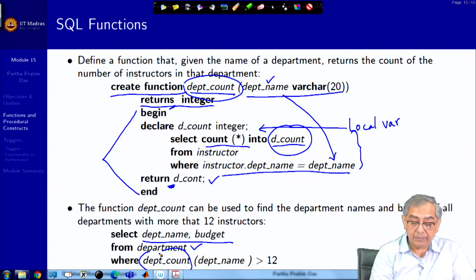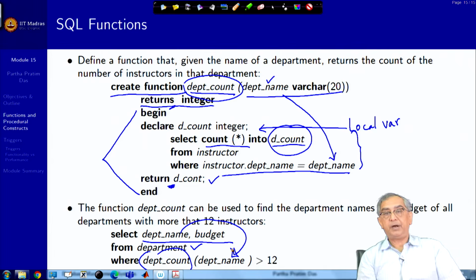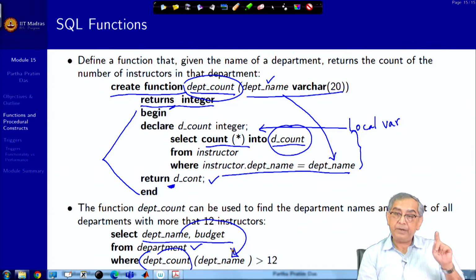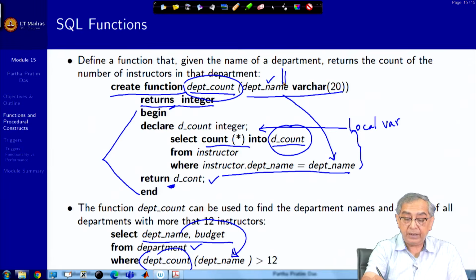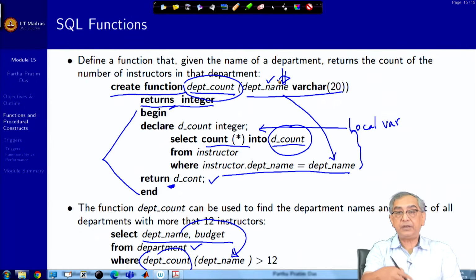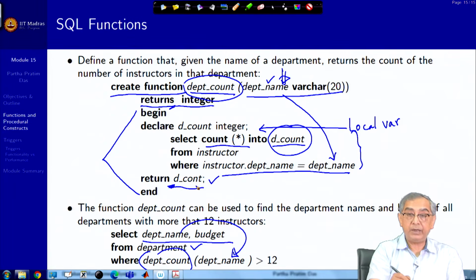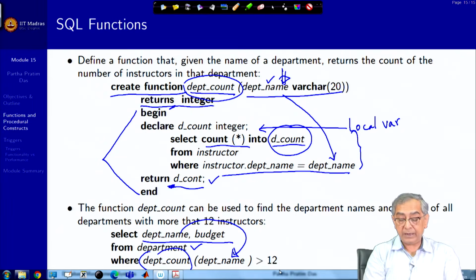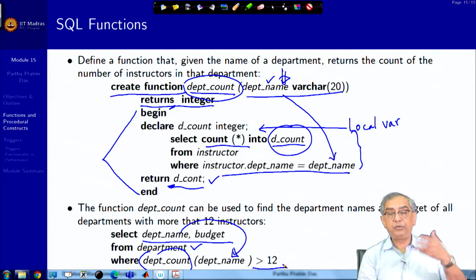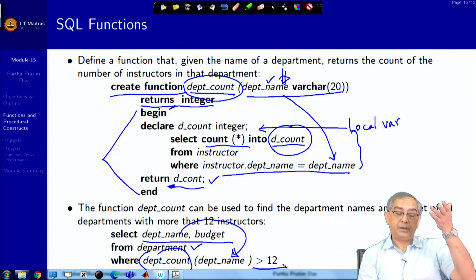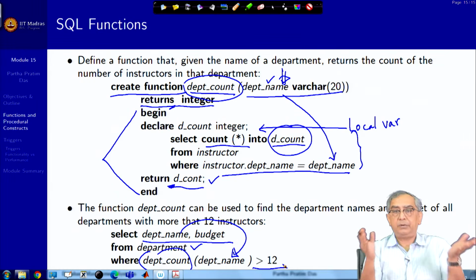So, you use dep count here and you are passing the department name, which is obtained from the dep name attribute of the department table, as the parameter here. So, this function will count how many there are, give you that value through return dcount, and you will check whether it is greater than 12 or not. If it is greater than 12, it is true, you take that department name and the corresponding budget in your output, otherwise you discard. So, that is how, very simply.